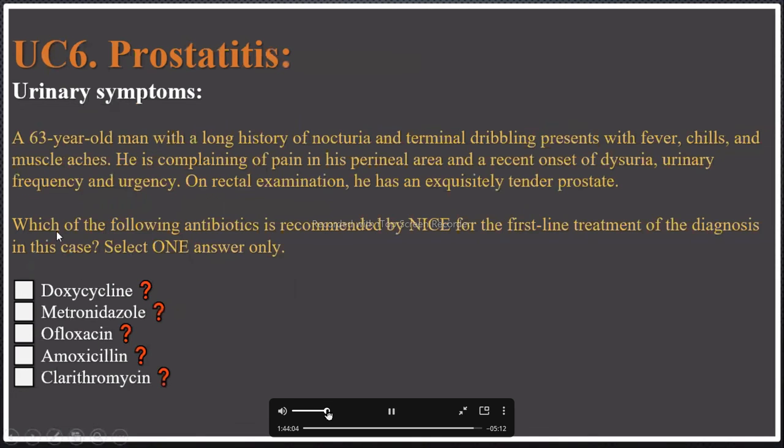Which of the following antibiotics is recommended by NICE as first line treatment? 63 male. Is it lower or upper? Lower. Tender prostate. Lower. Ofloxacin, prostatitis, quinolones.